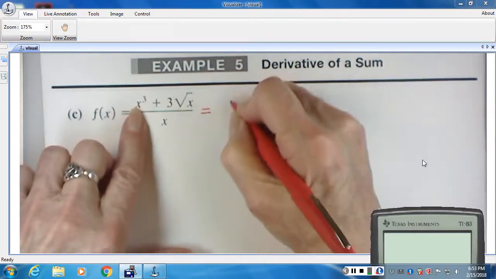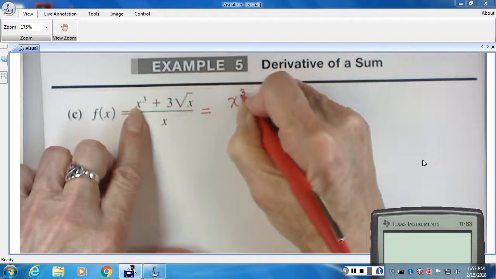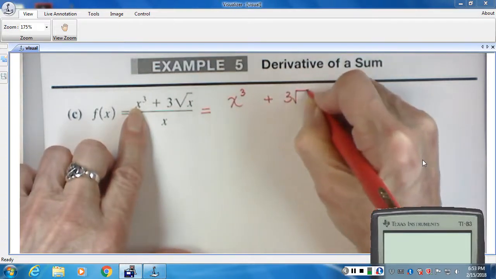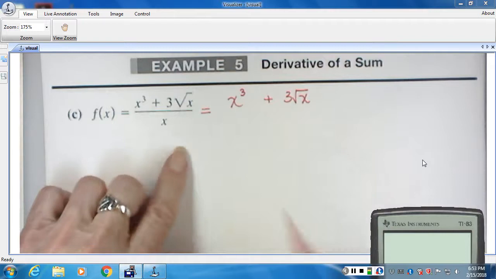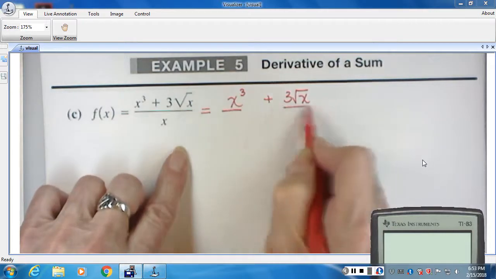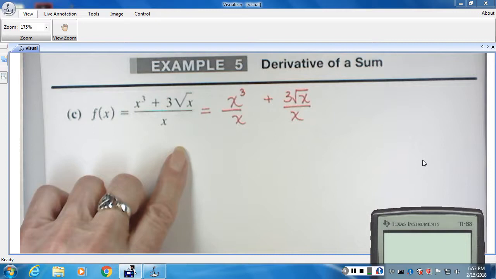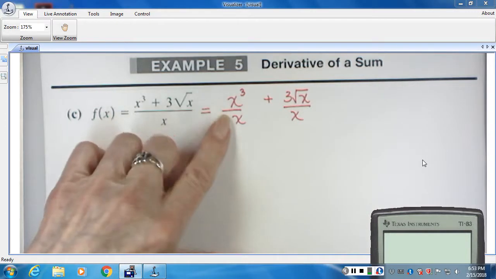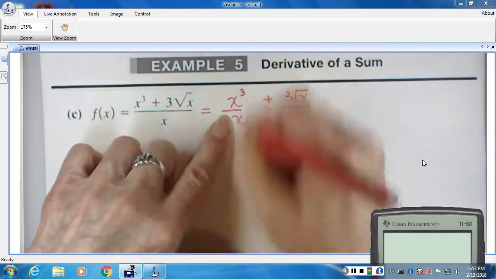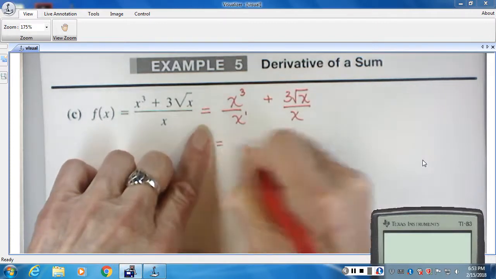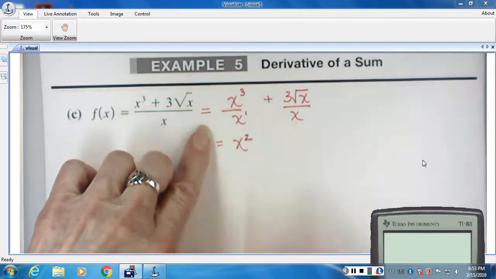We're going to take the first term, which is x cubed, and the second term, which is 3 times the square root of x, and we're going to separate those two and put an x under each one of those. Then we can simplify the first one, because that's x to the third over x to the first, and so that's x squared.